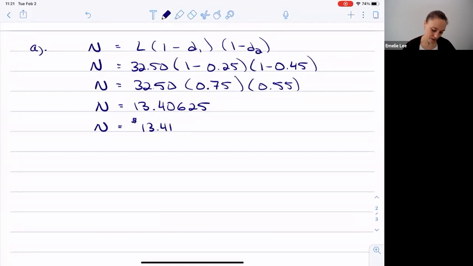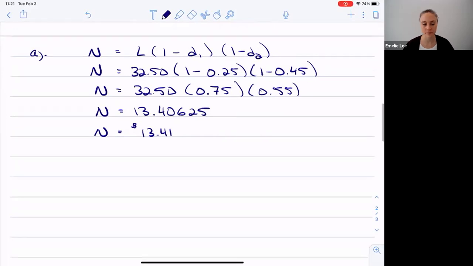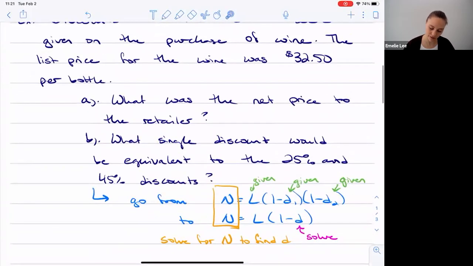Okay, so now the net price I know to the retailer is $13.41, which was the question, right? What was the net price to the retailer?